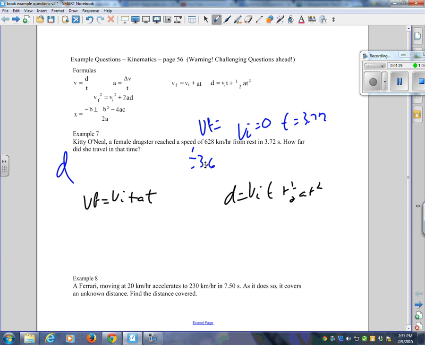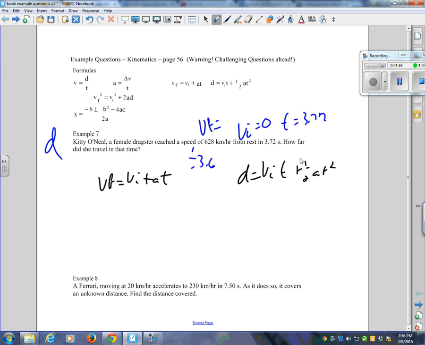Let me grab a second. Let's just do it so that we can say that we've done it all and I haven't left you hanging. Okay, so first step is to divide by 3.6. So 628 divided by 3.6 is 174.4.